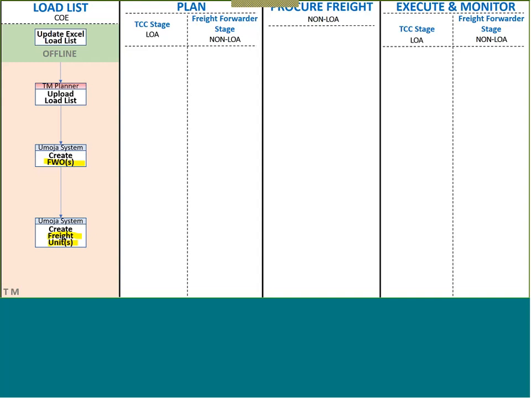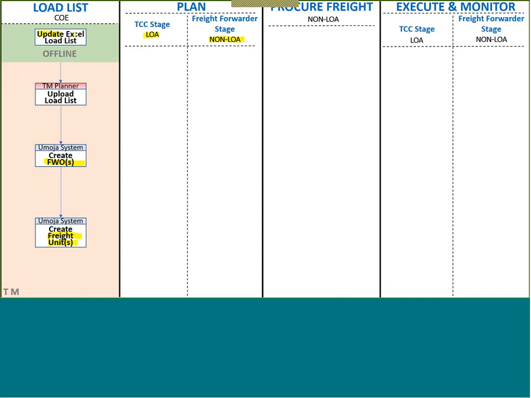So it works the same, it just has different, as we can see here, instead of working with the Incoterms themselves, we're working with LOA and non-LOA. So once you know what these mean and what they stand for, it's the same as the process we saw yesterday. So that would be the first step before we move on into TM.